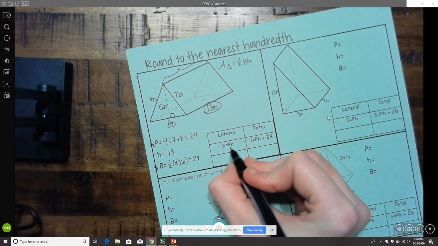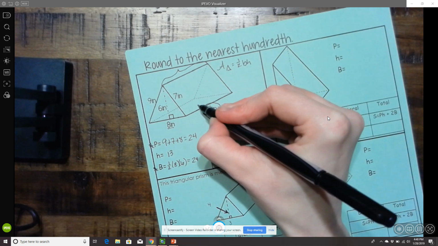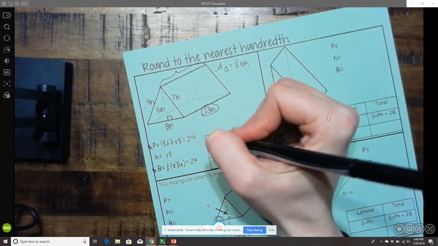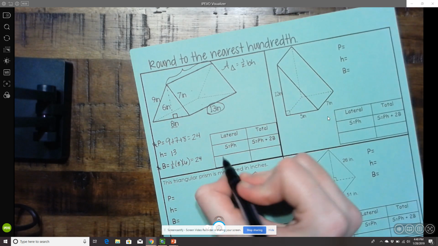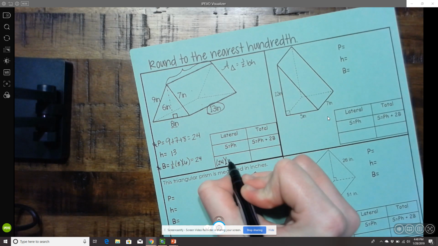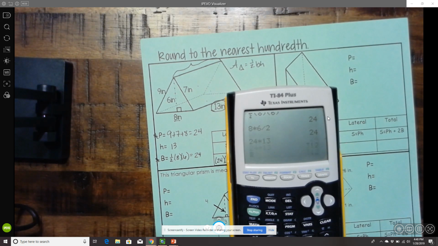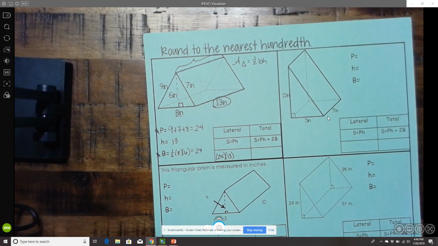So again, same formulas that we used yesterday. Lateral surface area, that would be if I just wanted to cover these 3 rectangular sides. So it would be big P, 24, times height, 13. That would be 312.